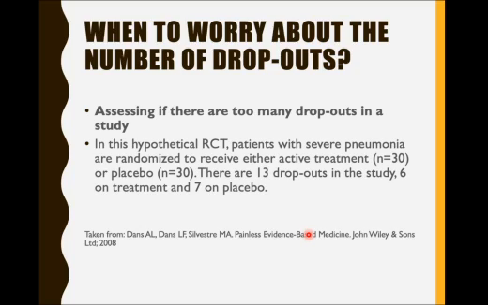So we'll give you a hypothetical study, a hypothetical RCT, randomized controlled trial, where patients with severe pneumonia are randomized to receive either an active treatment, 30 of them, or the placebo, 30 also, and there are 13 dropouts in the study, 6 on the treatment and 7 on the placebo group.